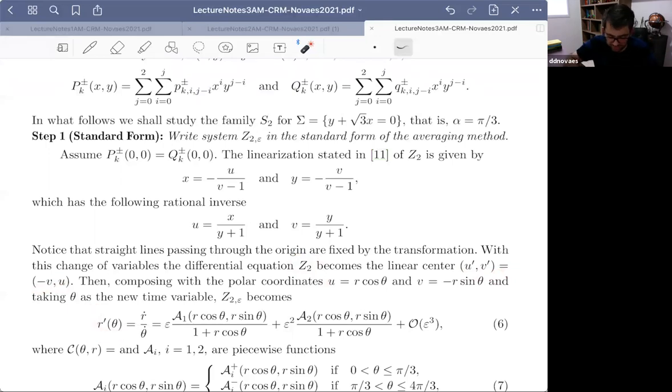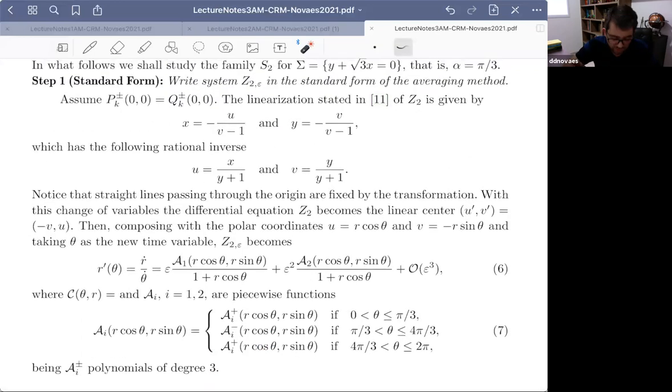However, when we do that in this case, what we obtain is a differential system whose right-hand side are piecewise rational functions, not polynomial anymore. So we have this function written in the standard form, but now we have those quotients here.